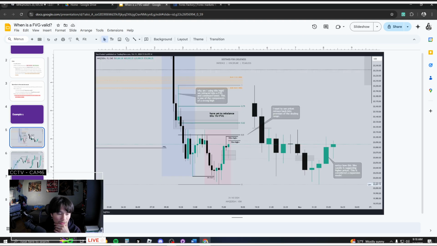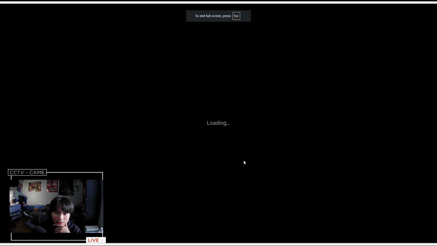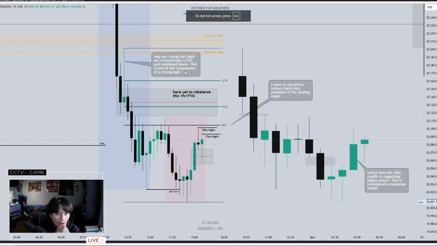So to go over some examples with you guys, I do want to look at this here. There's this daily range here, from swing high to swing low. Equilibrium of this trade is this 0.5 level.